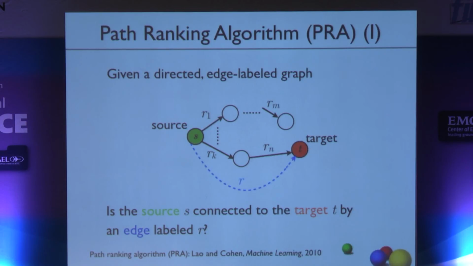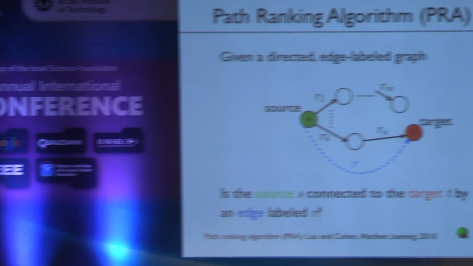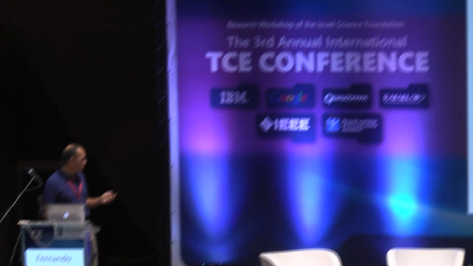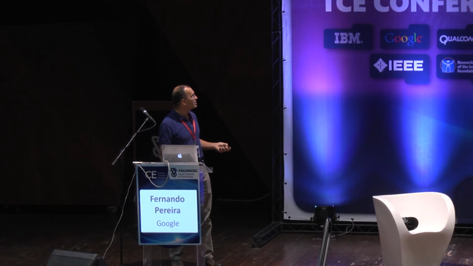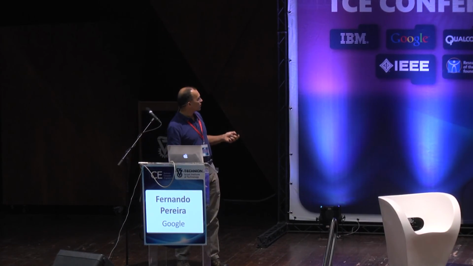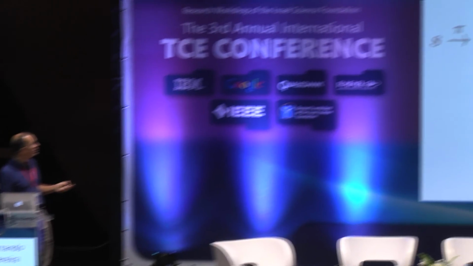That is, if the graph is incomplete, could I hypothesize that there is such an edge, it's just that I didn't have it in my partial evidence for the graph? So we have these path types, which I write by pi. Here's an example of one.